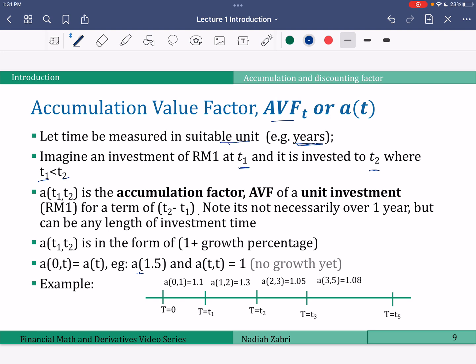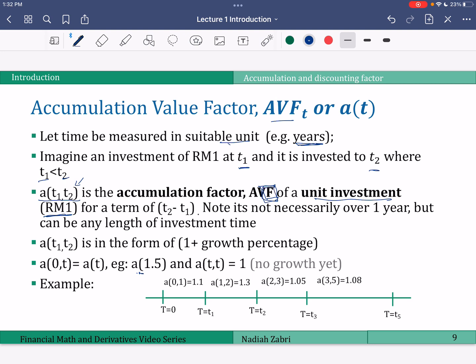If we write A(T1, T2), this is an accumulation value factor. It is called a factor because it is the accumulation for a unit investment of 1 ringgit. If we want the accumulation value for an actual investment amount, we use this factor as a multiplier to our actual investment amount. That's why it is called a factor.